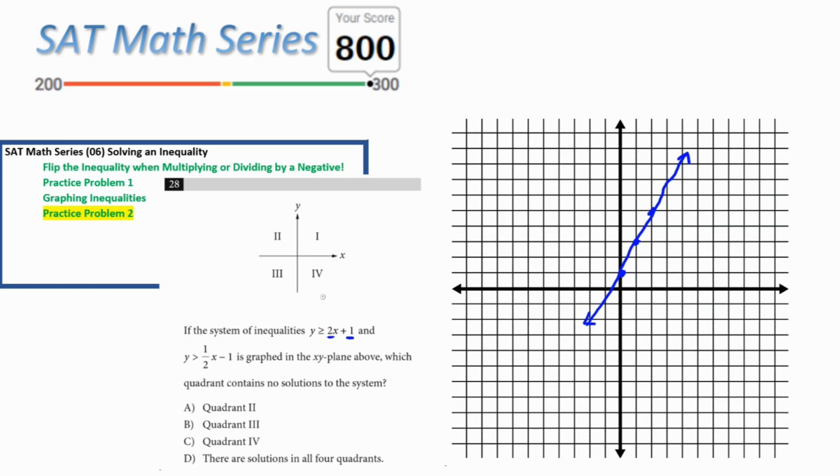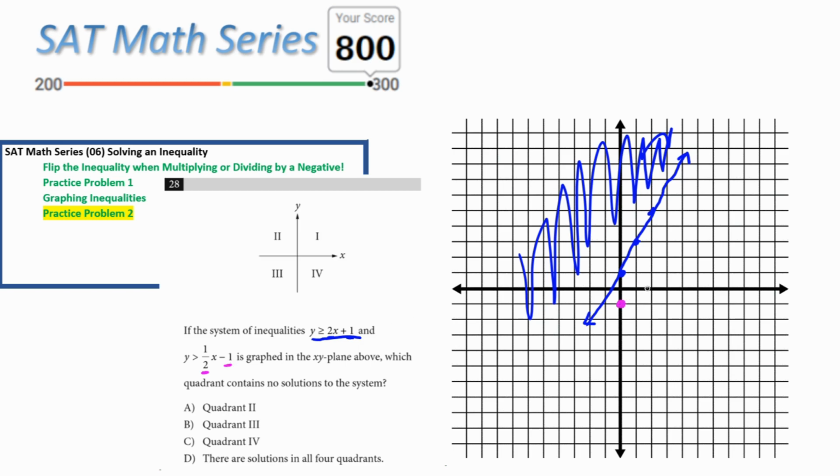And this inequality here is y is greater than or equal to that. So all the points where y is greater than or equal to that line will satisfy this equation, all these points up here. For the other equation, it's y is greater than 1/2 x minus 1. There's no equals here, let's note that. Our slope is 1/2, our y-intercept is negative 1.